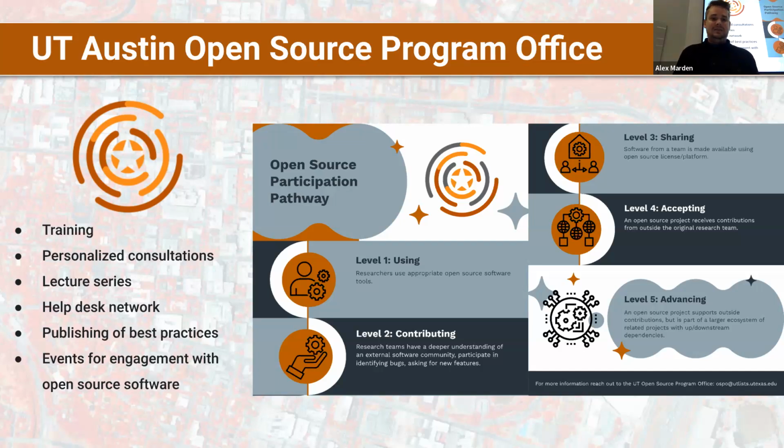So the UT Austin Open Source Program Office is here to support any needs throughout that participation pathway. And even if you're curious what kind of services can you offer in my specific case? The UT-OSPO is here for you.